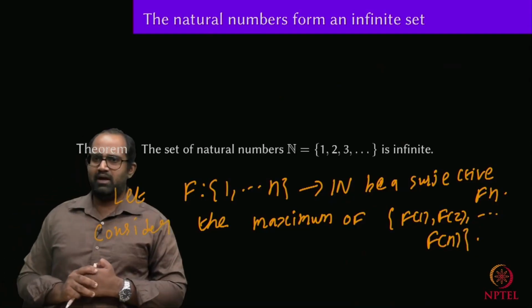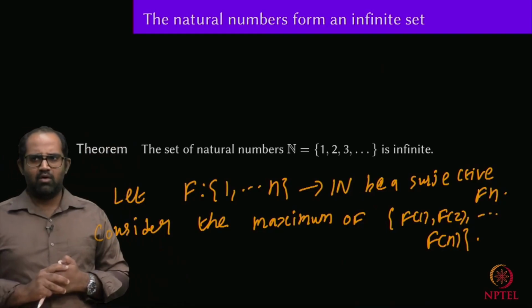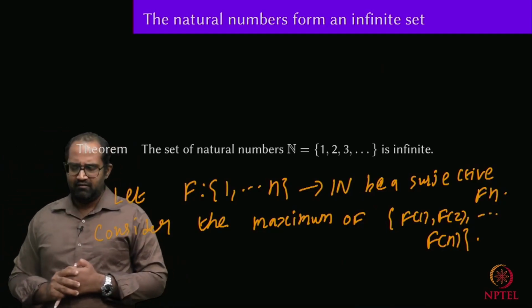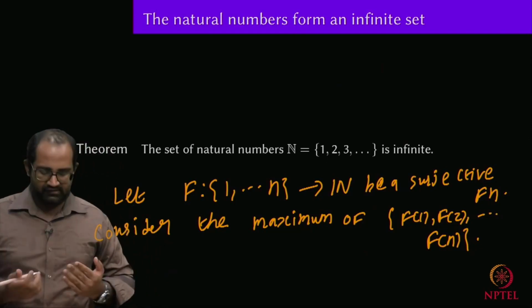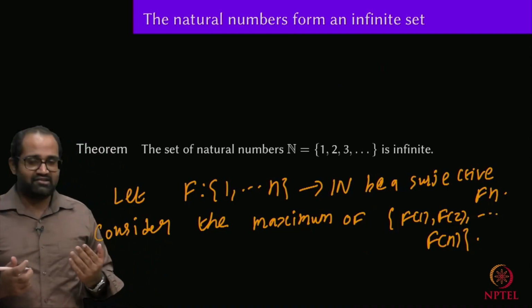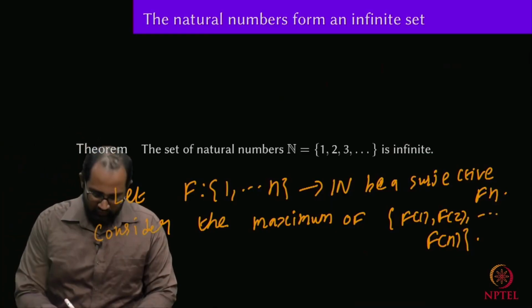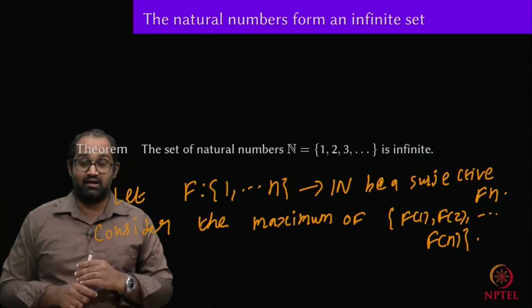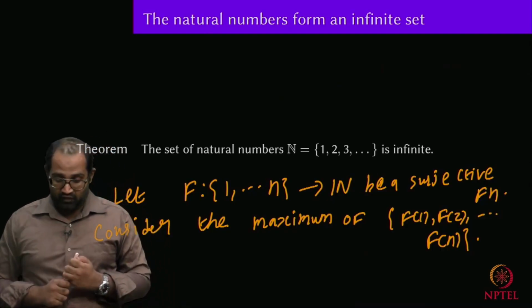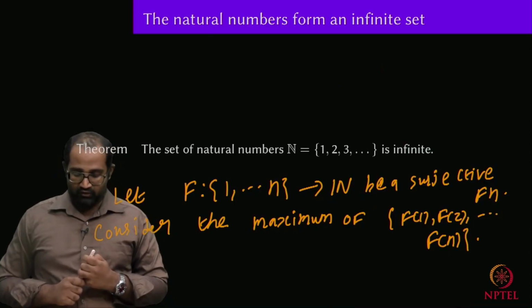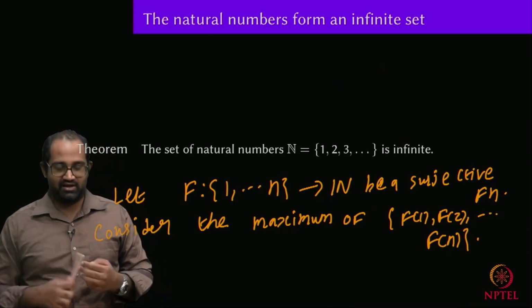What do I mean by consider the maximum of f of 1, f of 2 dot dot dot f of n? Well, I mean exactly what I say. The maximum of 2, you can define this max function. So if you want to be 100% rigorous and pedantic, of course there will be some amongst you who are 100% rigorous and pedantic. I am not going to say that you guys are not allowed to take this course.